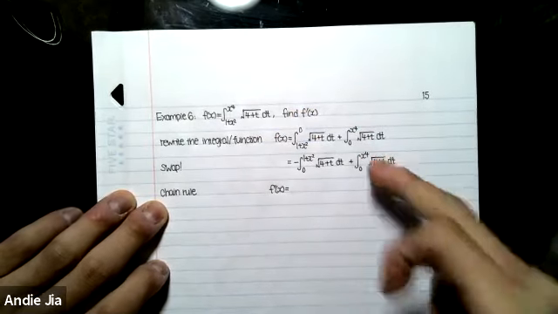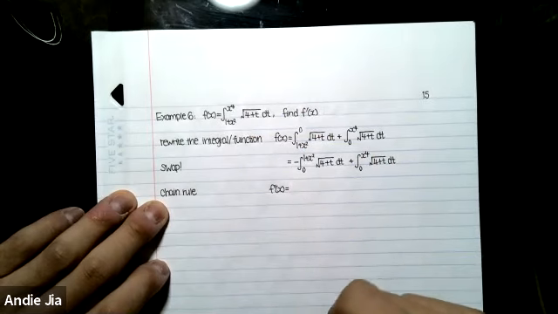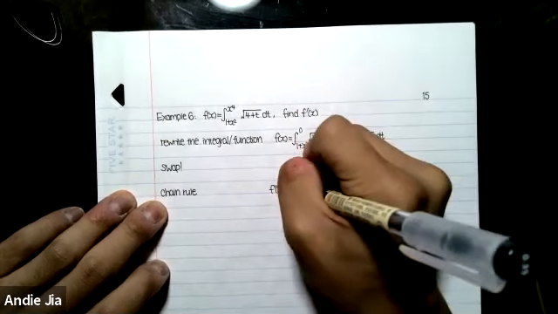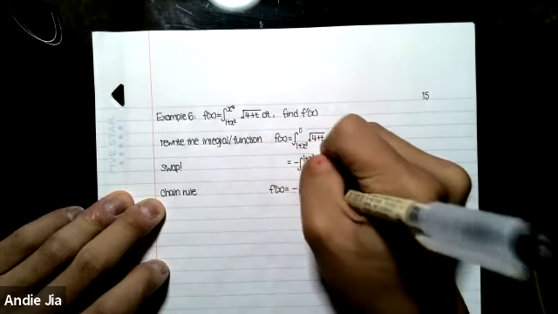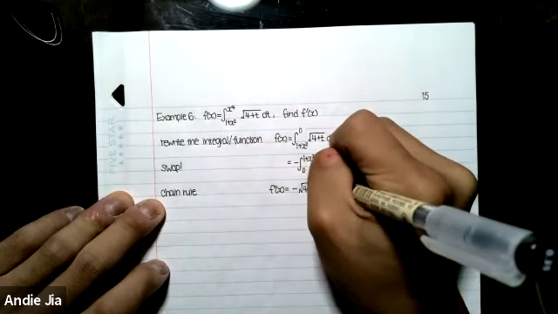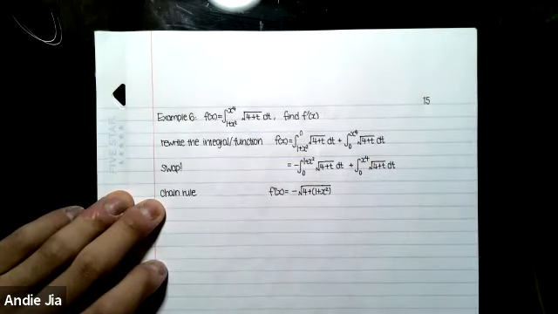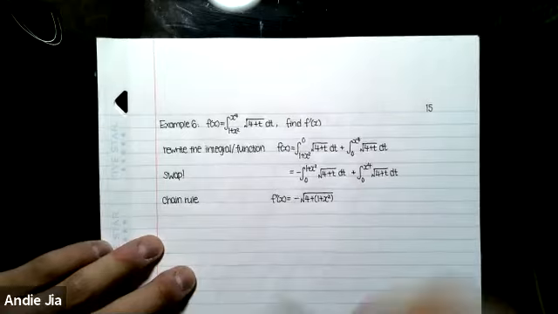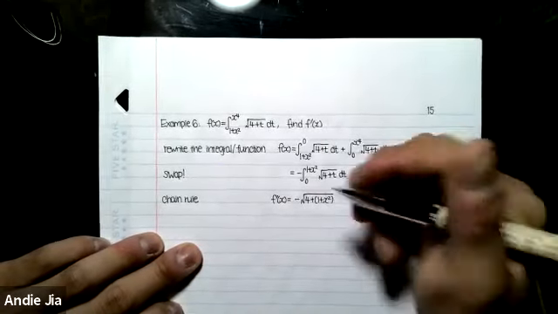We put the inside function as h of x. So it is 4 plus 1 plus x squared, and this is h of x. For g of x, we put another function, putting t as x to the fourth.